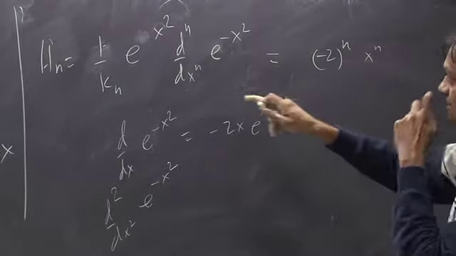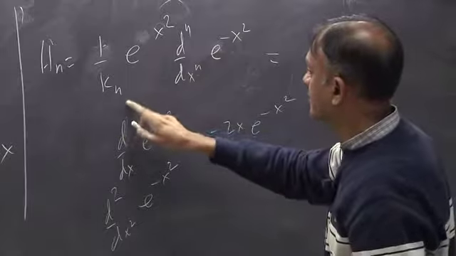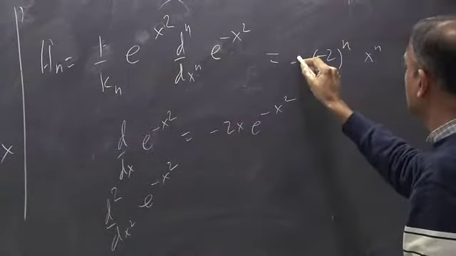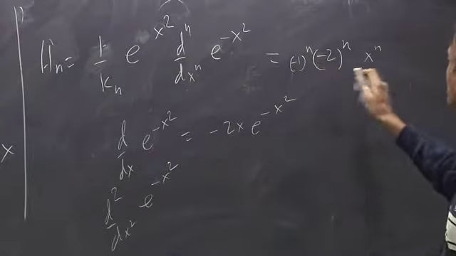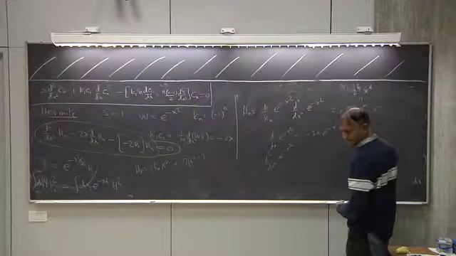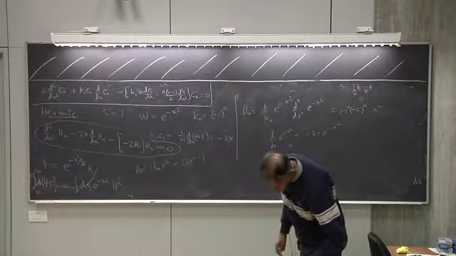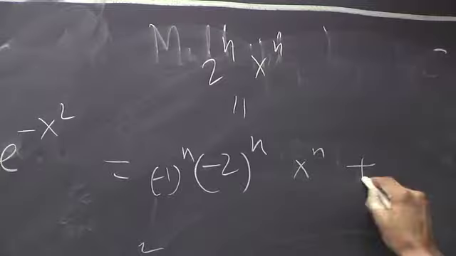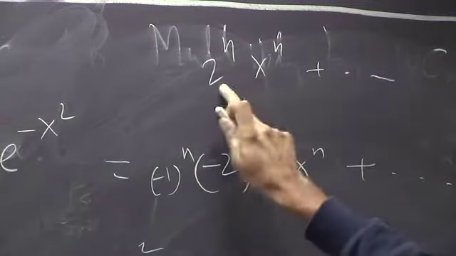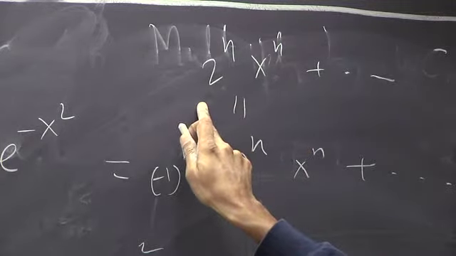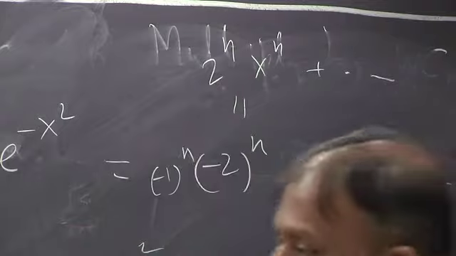And we have 1 over Kn is minus 1 to the n according to this convention. So this is simply 2 to the n, x to the n. So kn is simply 2 to the n. There are lower terms, but the highest power x to the n comes with the 2 to the n coefficient. So this is the small kn.